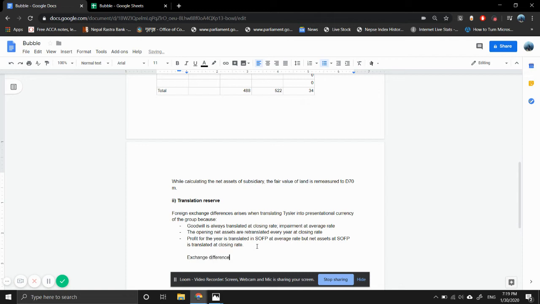Exchange differences arising on the retranslation of the overseas subsidiary is recorded in other comprehensive income, or OCI.